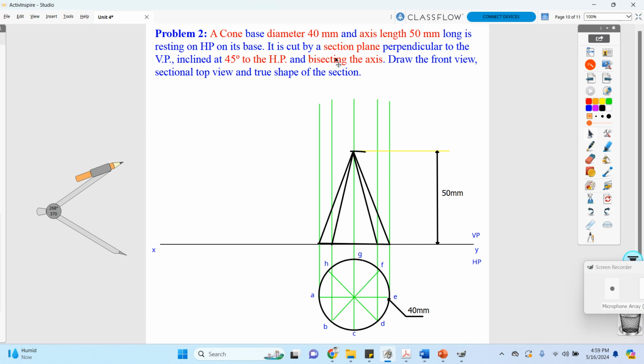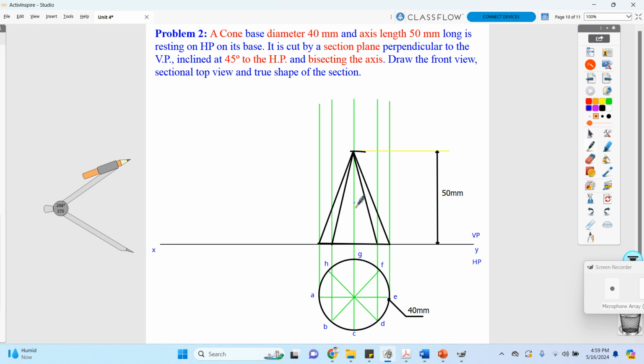So when it is bisecting, how will you consider? As per understanding, either they may give the distance from the top, or the distance from the bottom, but in this question they have provided bisecting. So for bisecting you will consider only the midpoint. So what I'm going to do is mark a midpoint now.